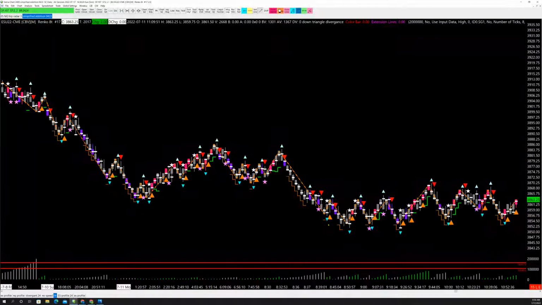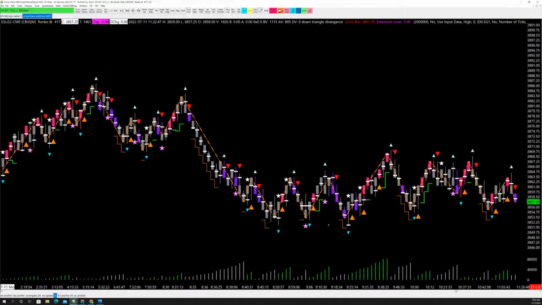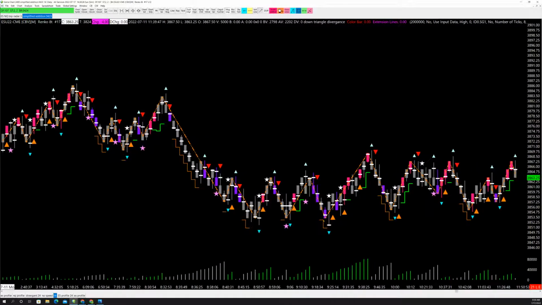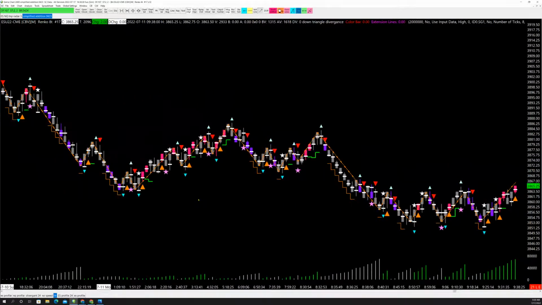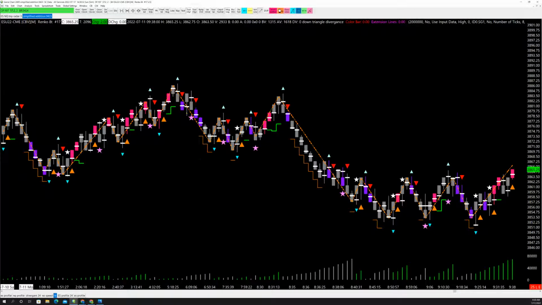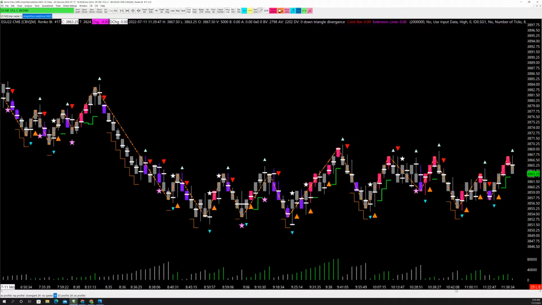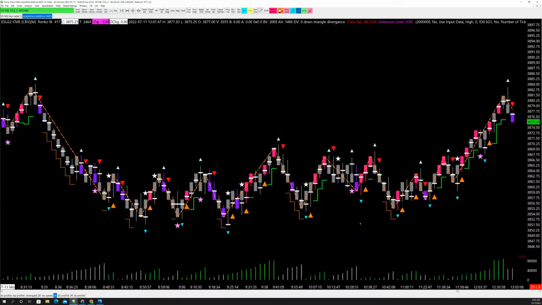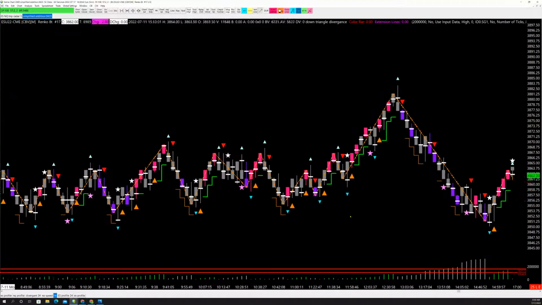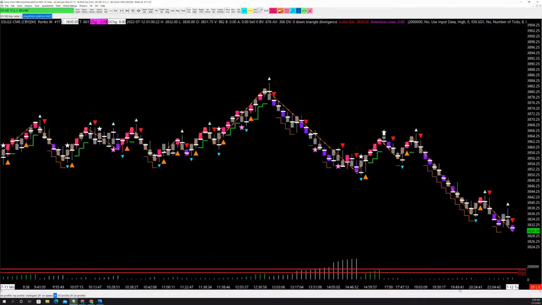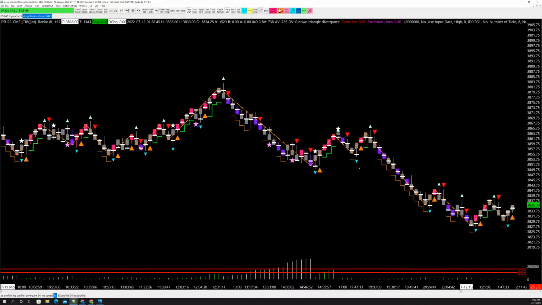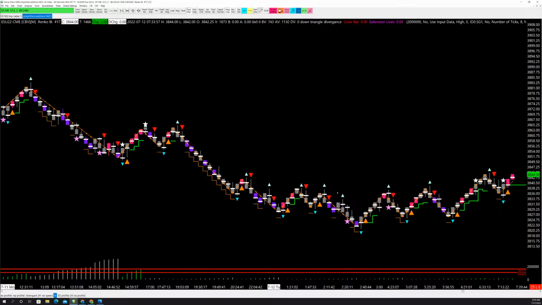So let's just kind of zoom through, and let's go to 2 in the morning and see if we got any setups through here. No. You see the other setups, purple bar star. No setup yet. And so we went all the way through Monday with no setup.